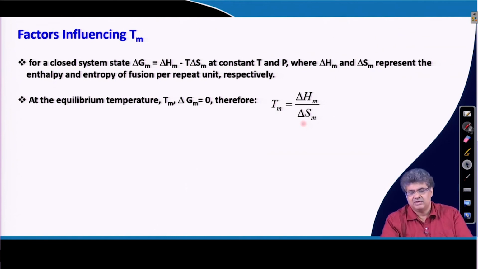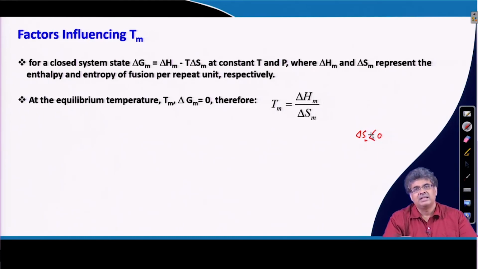Then delta S must be negative in this case, and because there is intermolecular attraction between the polymer chains, delta H M is also negative, and depending on the magnitude of delta H M and delta S M, Tm will vary.